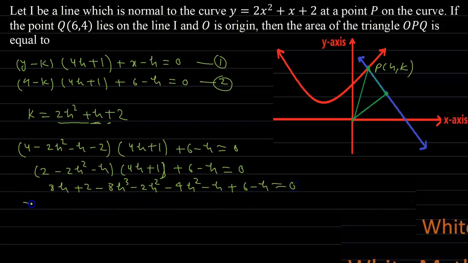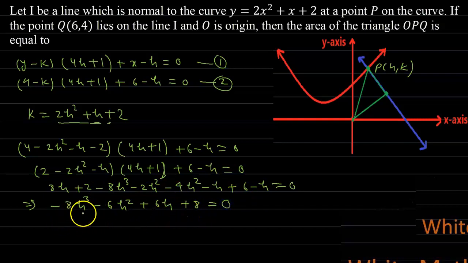Now simplifying further, write the highest term first. So this will be -8h³. Now -4h² and -2h² will be -6h², and -h - h - 2h... so 8h - 2h will be +6h, and the constant terms +2 and +6 will be +8 = 0.